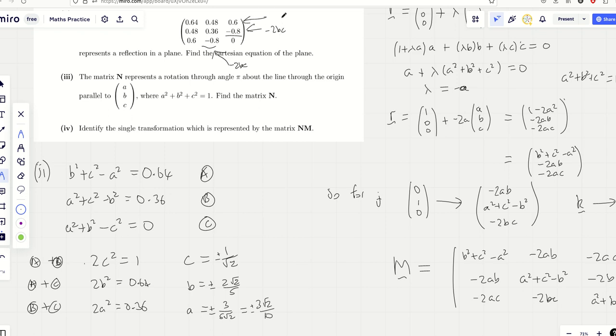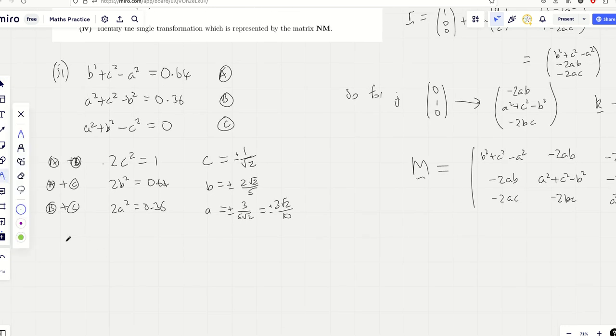But here, and this is minus 2ac, well that tells me that one of a or c must be negative, so I let a be the negative one, and you get the same answer either way. I went for minus 3 root 2 over 10, and then b and c are both positive to make sure it produces that matrix.